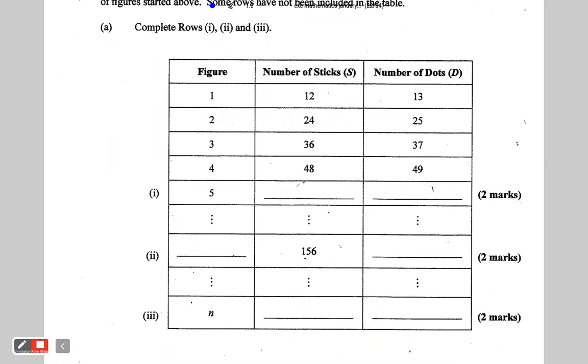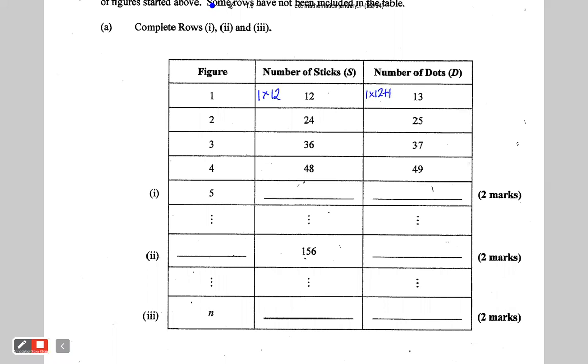All right, so what I always like to do is I always try to look for a connection between the figure number and the other numbers. Well, what I notice is that this is 1 times 12, and this is actually 1 times 12 plus 1.